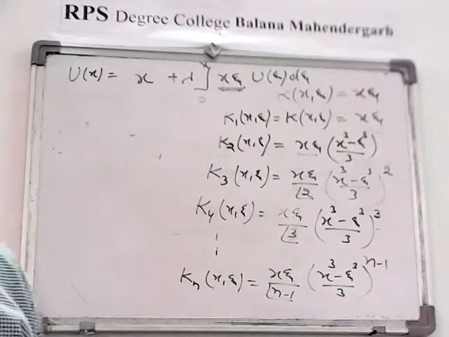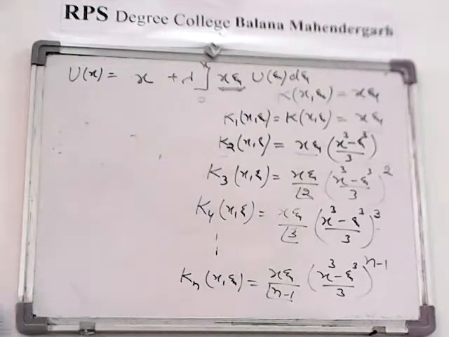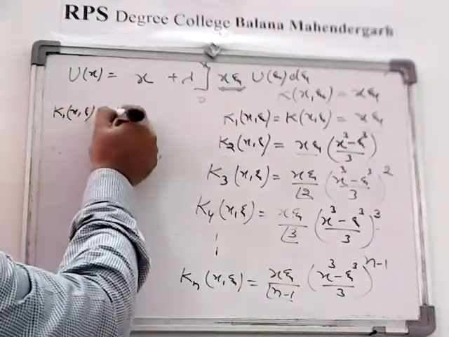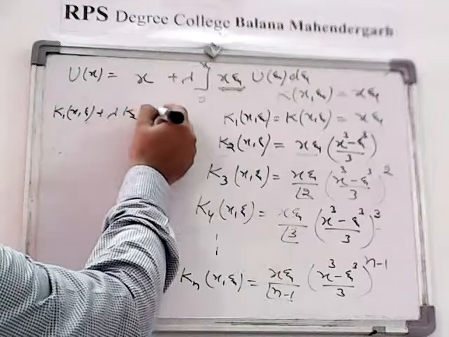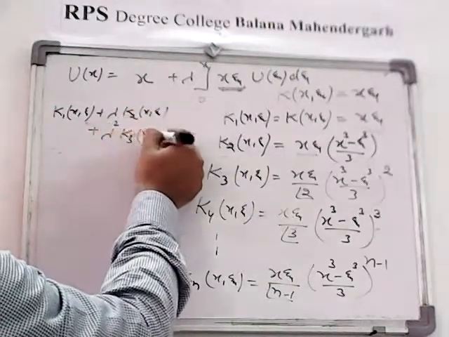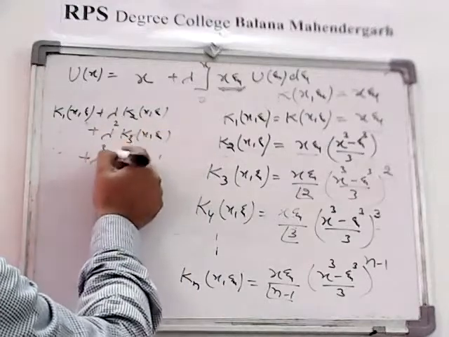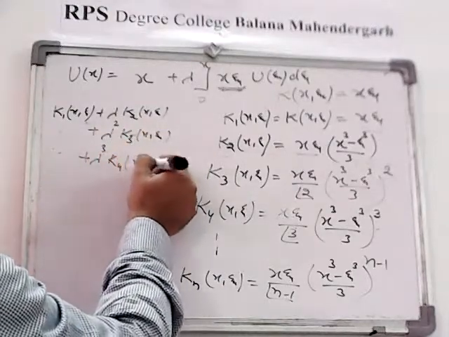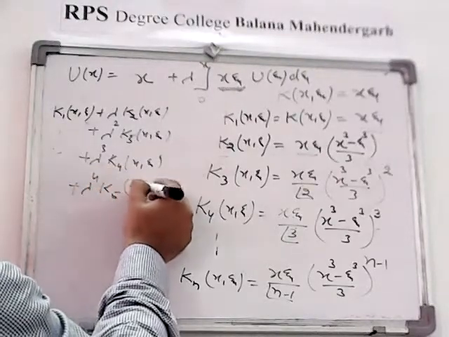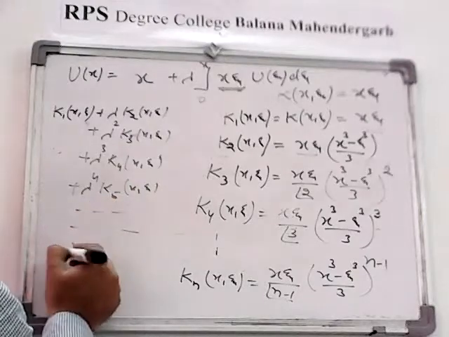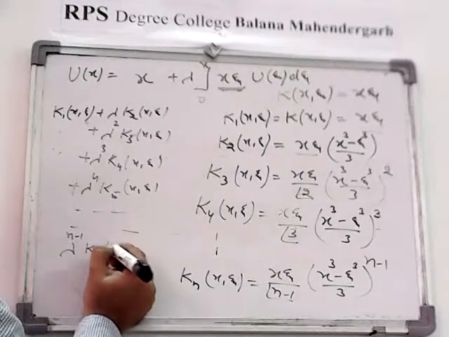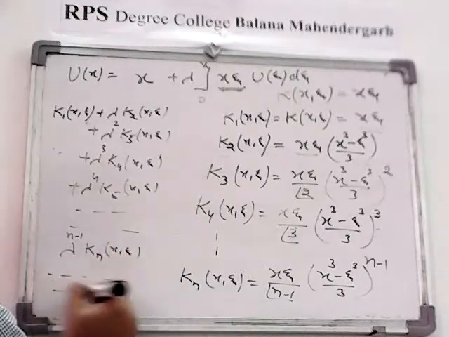Now the Newman series is given by, what is the Newman series? Newman series is k1(x, xi) plus lambda k2(x, xi) plus lambda square k3(x, xi) plus lambda cube k4(x, xi), and so on up to lambda raised to power n minus 1 kn(x, xi), and so on up to infinity.